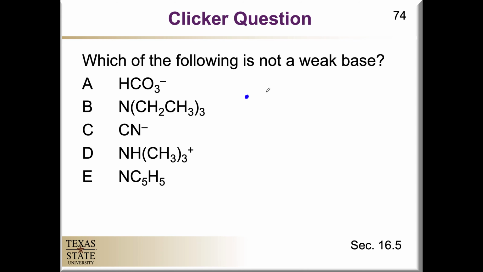One of the types that we mentioned were the conjugate bases of weak acids. In that category, let's call it category number 1, we have at least 2 of those here. The first one, this hydrogen carbonate, is the conjugate base of carbonic acid. Similarly, our cyanide ion here is the conjugate base of hydrocyanic acid.